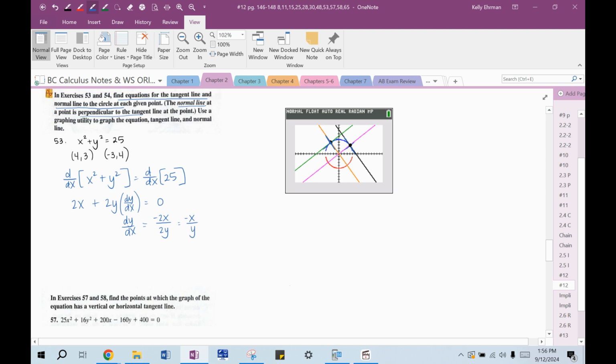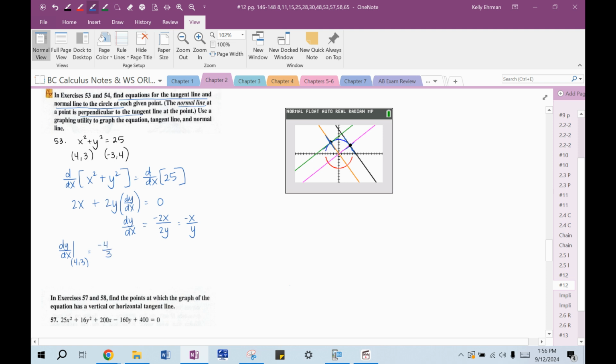Okay, we're trying to come up with a tangent line equation and a normal, a perpendicular to the tangent line, equation. So first we need to know what is the slope at each of these points. So evaluate dy/dx at the point (4, 3), and you get that the slope is negative 4 over 3.